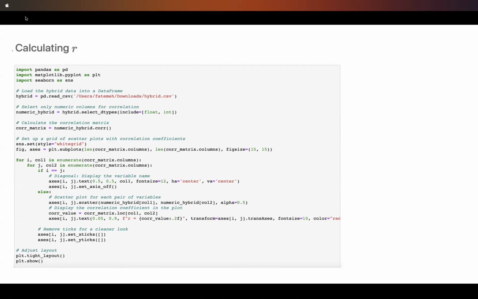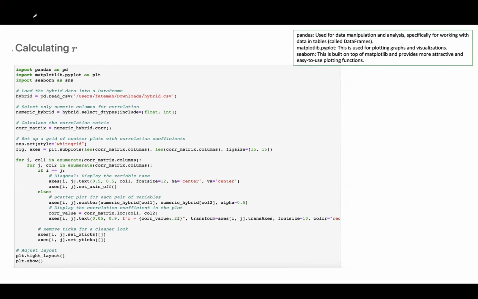Take your time. Type them in your Jupyter notebook. Run the code. We're going to see an amazing set of scatter plots with their correlation coefficient, showing any linear relationship between them.